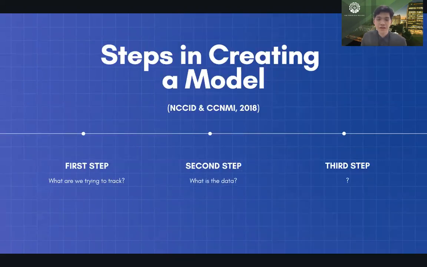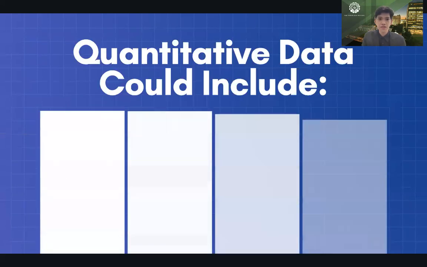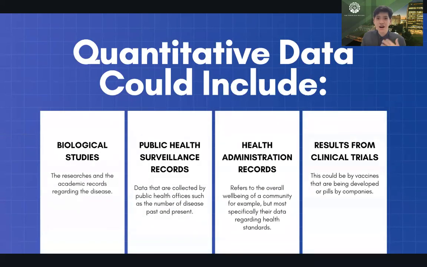So the second step in creating a model is to ask the question, what is the data? We discussed earlier that data are really important in creating these models, because these are what supply the models. Quantitative data, to be specific, includes four key things. First are the biological studies of the virus. This includes the research and academic records regarding the disease. Second are the public health surveillance records.